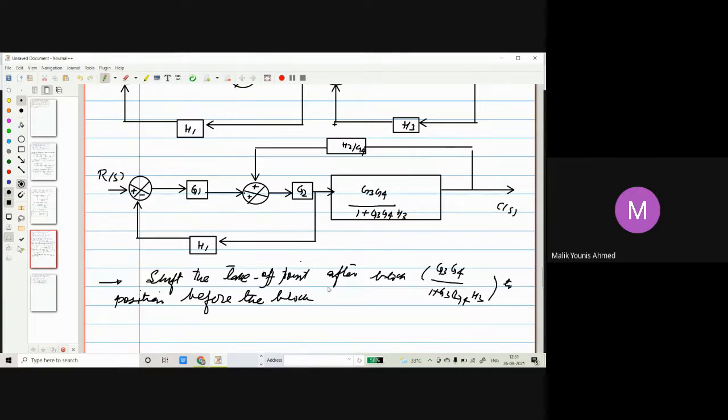Sorry, something is wrong with this pen today. Okay, that's what the scenario should be. So we'll move this takeoff point here. Then what will happen? When we move this ahead of the block, what we will get in this takeoff point is after this complete block. So that will come out to be H2 G4, and this will be G3 G4 over 1 plus G3 G4 H3.